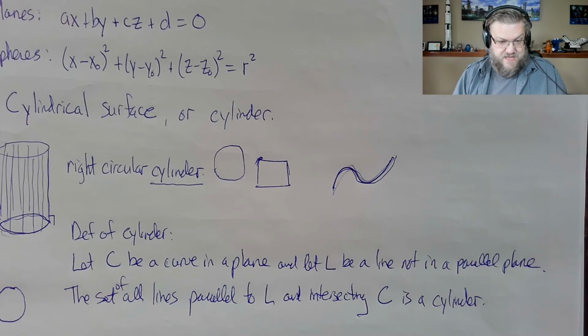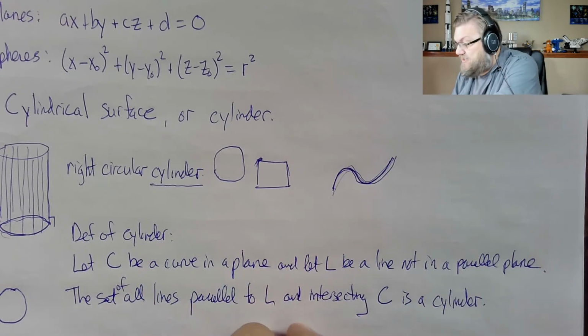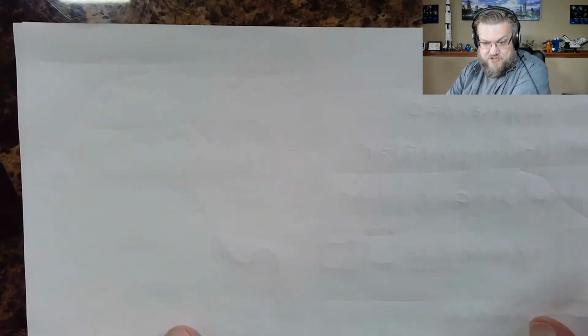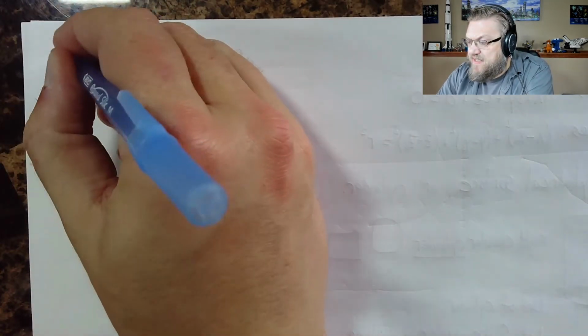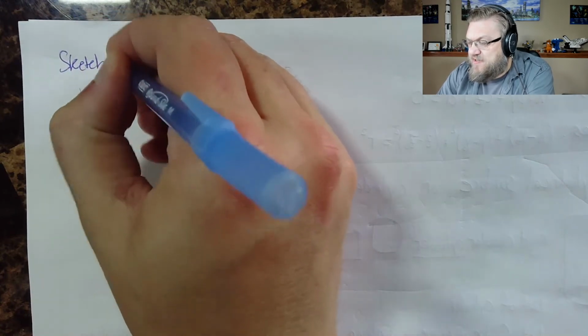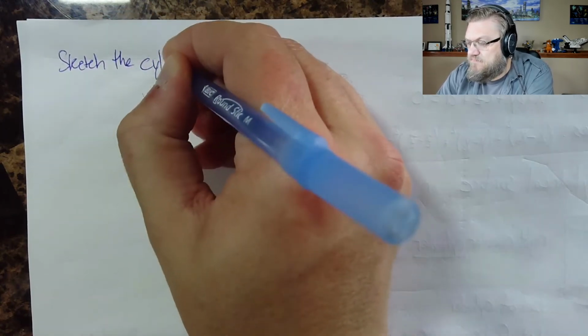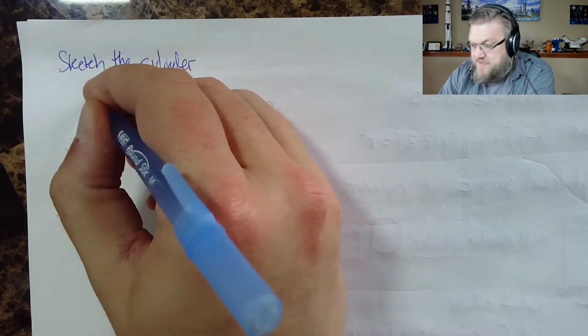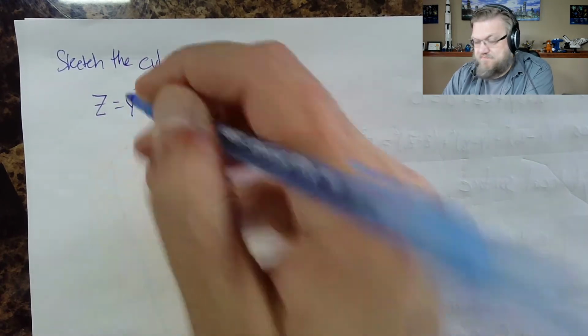So to put this on paper, let's look at the first thing we can sketch here. I'm going to try to sketch this by hand slightly, just to get a feel for this first one. Of course, we'll get this into GeoGebra pretty soon. Let's sketch the cylinder z equals y squared.